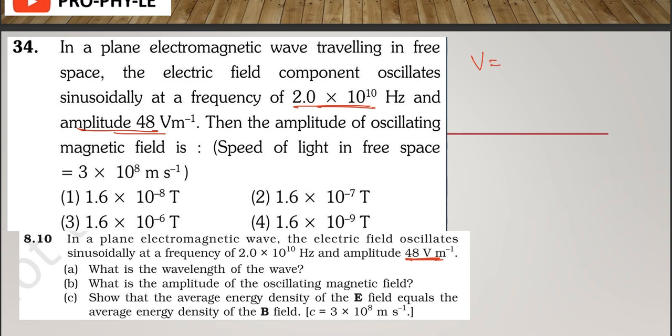We have this equation: velocity of an electromagnetic wave is E by B. As it is traveling in free space, it must be equivalent to the speed of light. So magnetic field will be equal to E by C. E value given is 48, so 48 by 3 into 10 to the power of 8, which will be equal to 1.6 into 10 to the power of minus 7 Tesla.